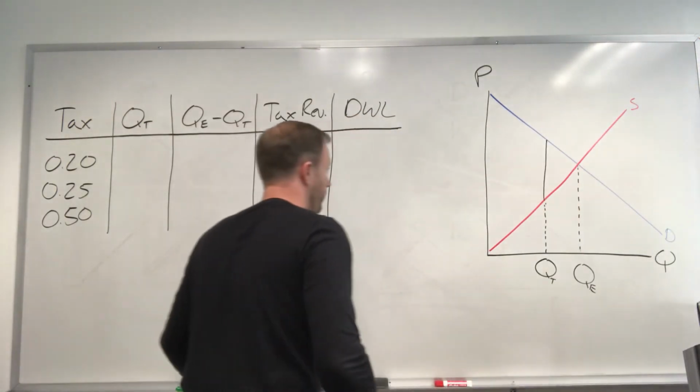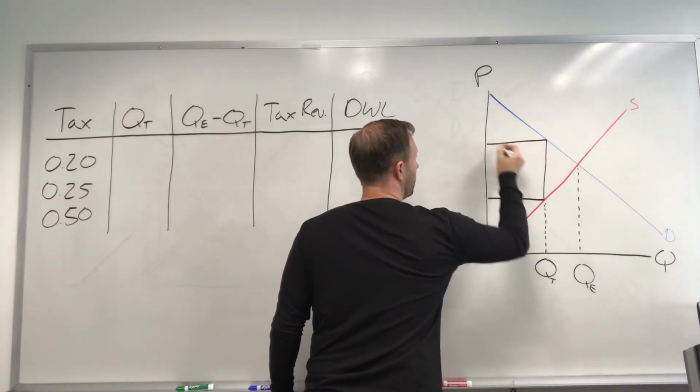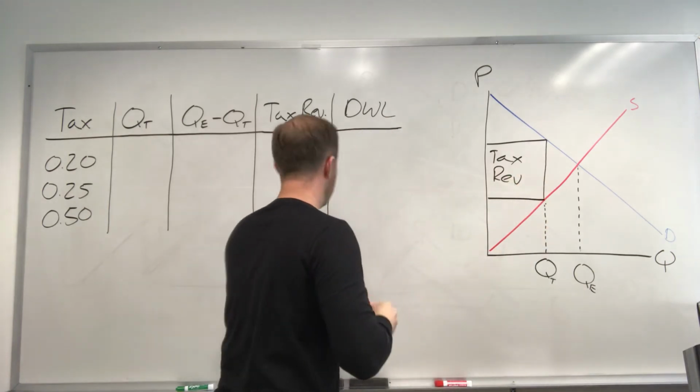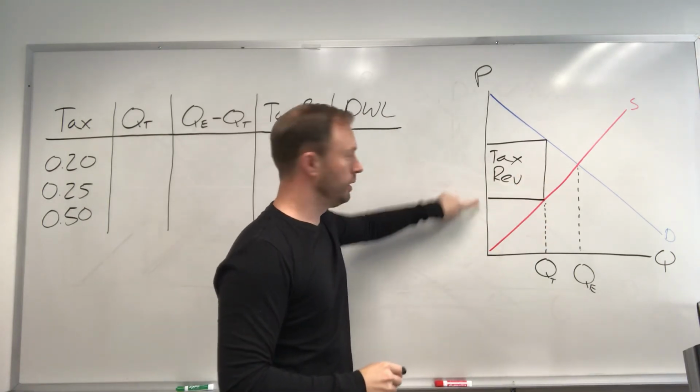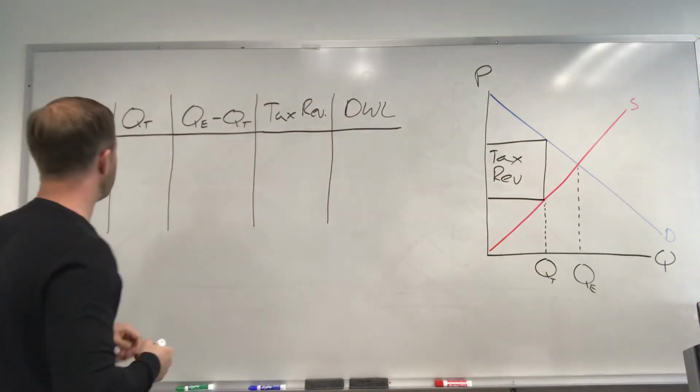Okay, well the tax revenue is just this area on the graph right here, which is the tax per unit times QT, the quantity of units traded.